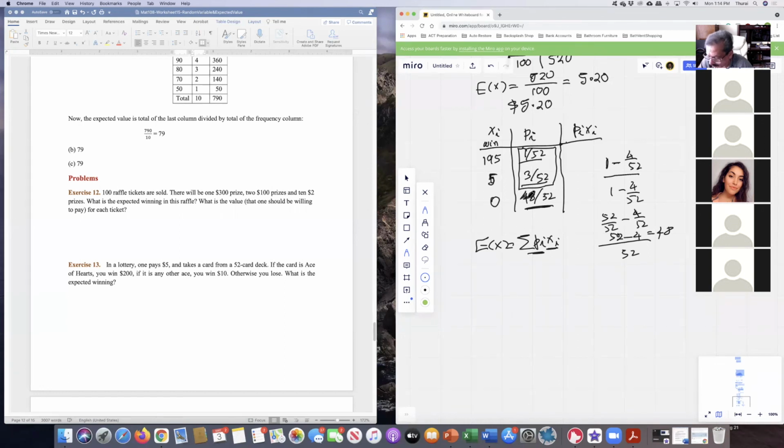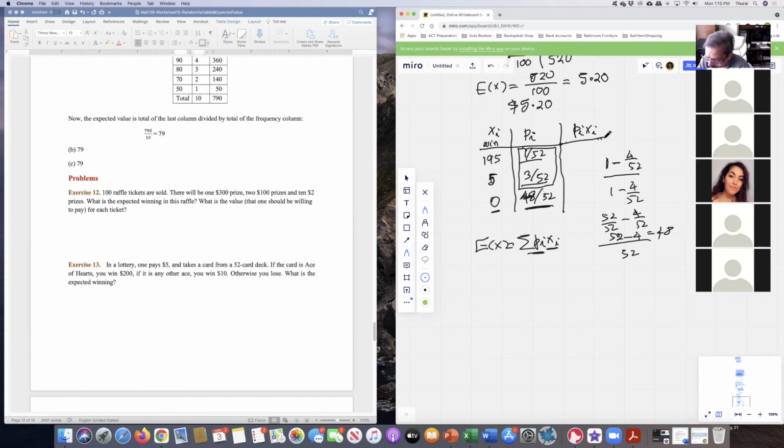Yes, you can, but there's no need to because it's not going to contribute to the calculation, since this time 0 is 0. That's why I didn't bother to simplify that. WebAssign would ask only for the final answer. They wouldn't care about what you write down in your work. Only the final answer matters.